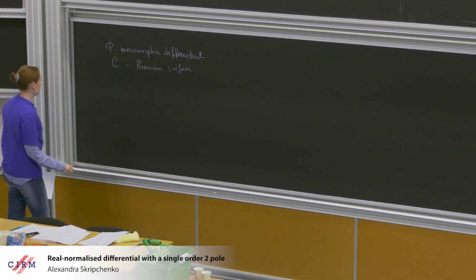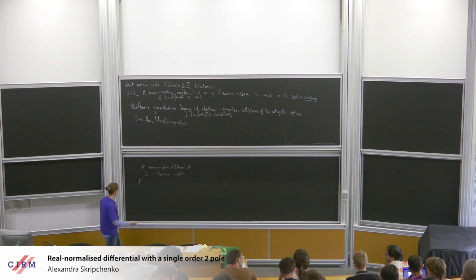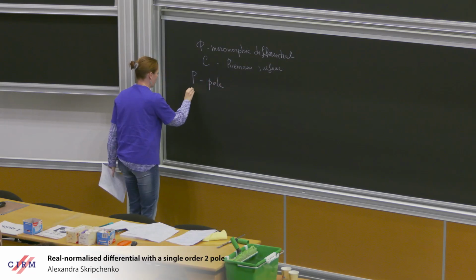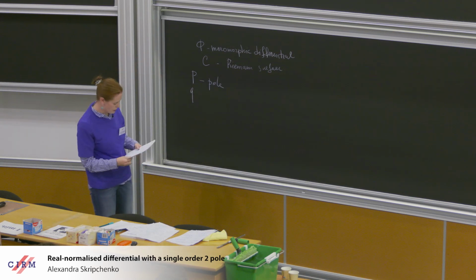So I can take two important points. First, we agreed that we have only one pole, and this pole is of order 2. So this will be my pole, P. And then I want to take a point which is not a pole and not a zero. So this will be Q.